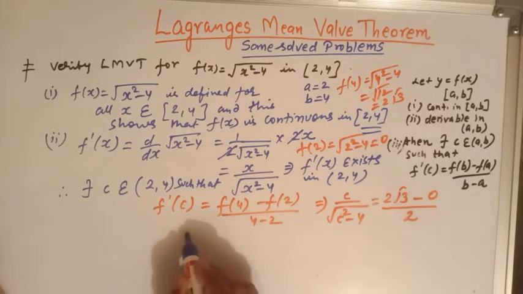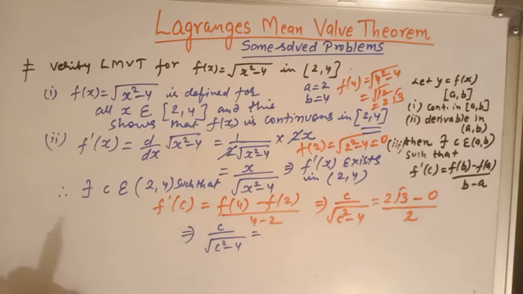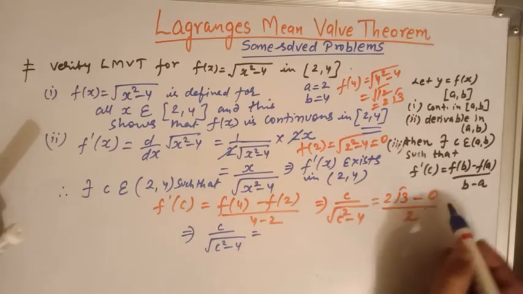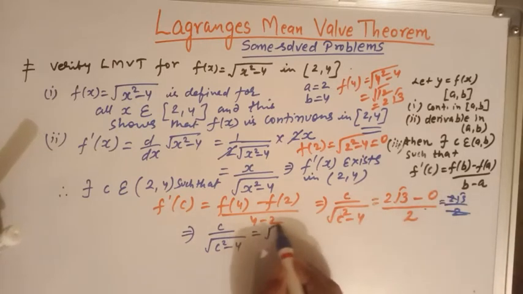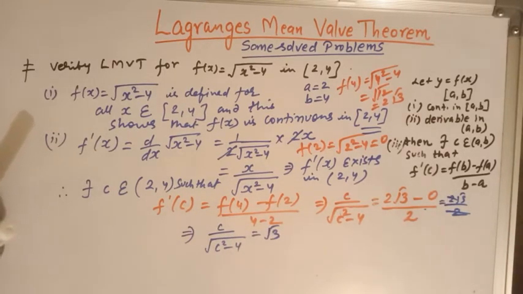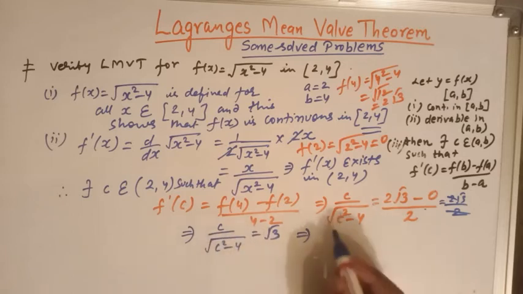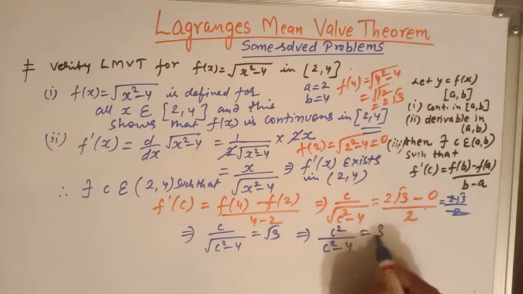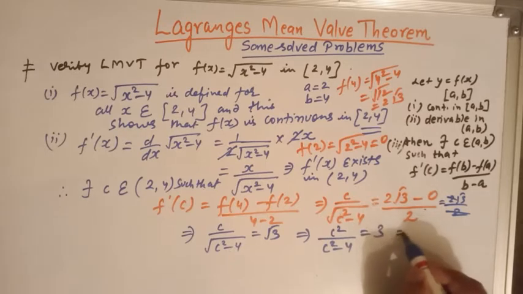Clear? So viewers, we have c divided by square root of c square minus 4 is equal to 2 root 3 over 2, the 2s get cancelled, and we are left with square root of 3. Clear? Now squaring both sides, we have c square divided by c square minus 4 equal to 3. Clear? So we solve it.